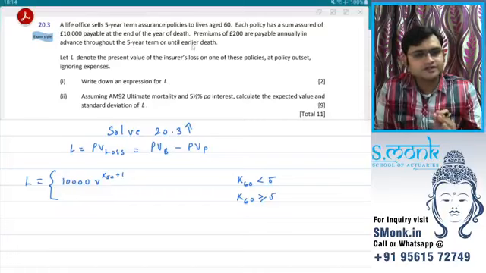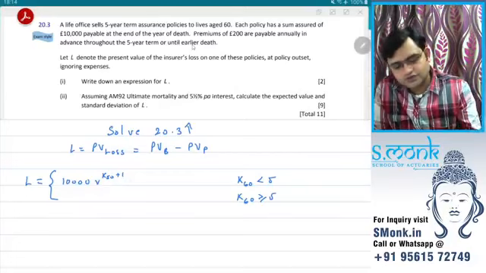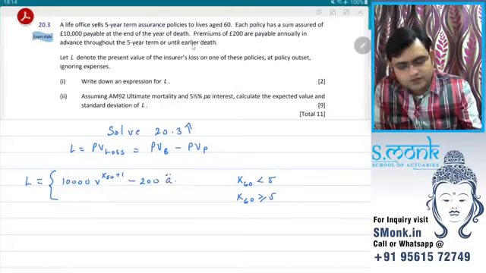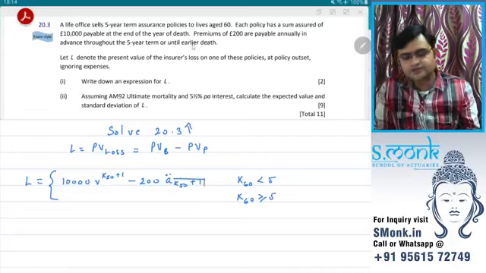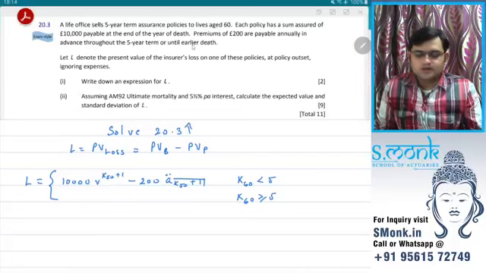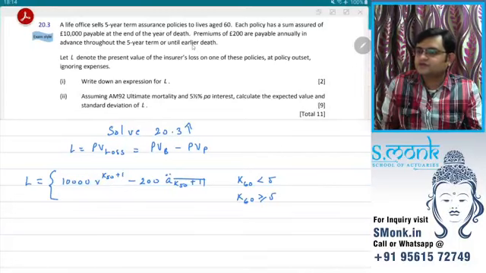So if the person dies, we pay the benefit and the premium stops after that. So we'll have minus 200 a-due K60 plus 1, which is the payment of premium.